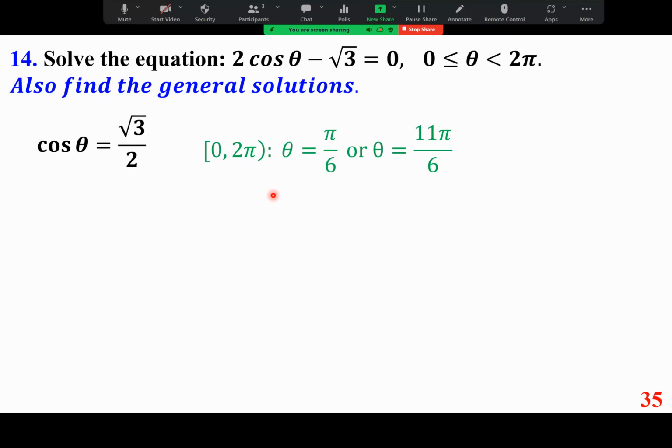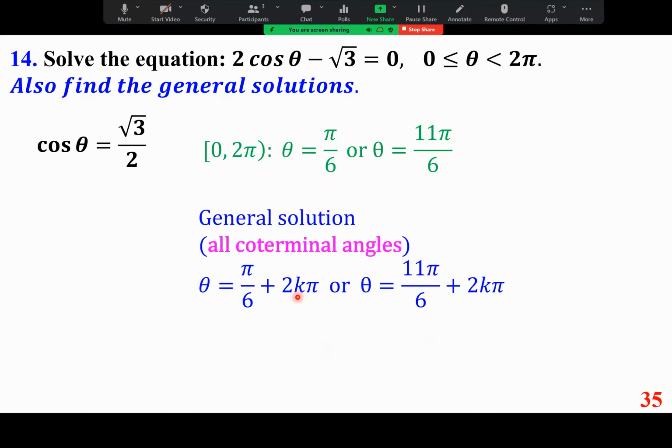Cosine is positive in the fourth quadrant. So 2 pi minus pi over 6, that would be the answers. And if they ask for the general solution, all coterminal angles, you add 2k pi or 2n pi, depending on the text they use. Same thing: plus 2k pi, or 2n pi, as I mentioned.